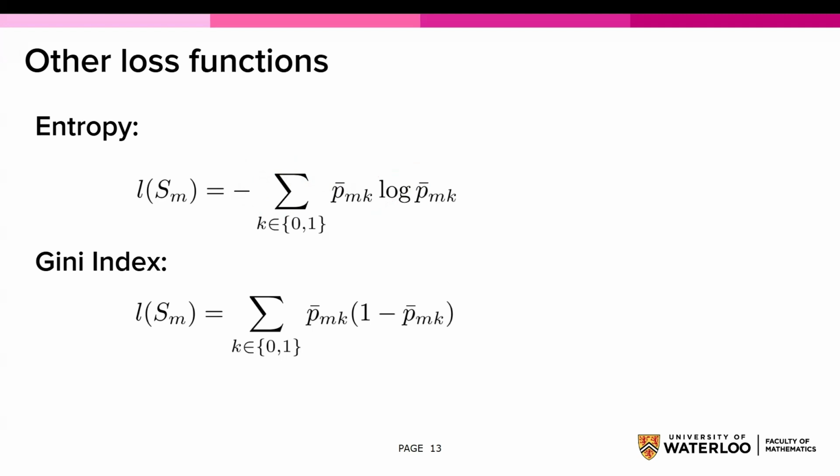As the region becomes more homogeneous, with more and more points of the same class, the entropy decreases, which indicates a better split. The Gini index is defined similarly.